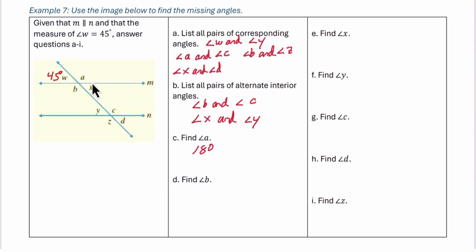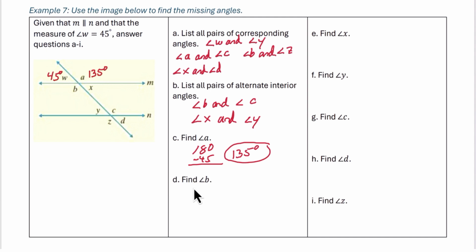So we can take 180 degrees and subtract the 45 to give us 135 degrees. A must be 135 degrees. Again, the straight line must add up to 180. So 45 plus 135 will give us 180.